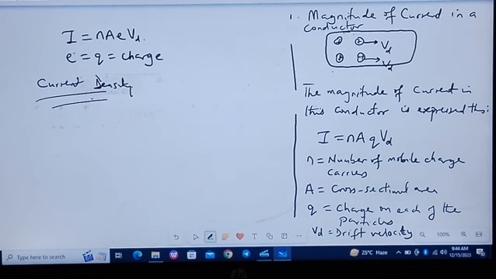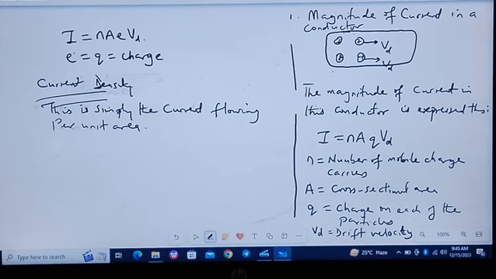It is simply the current flowing per unit area.